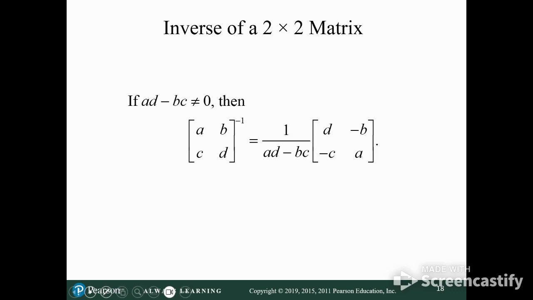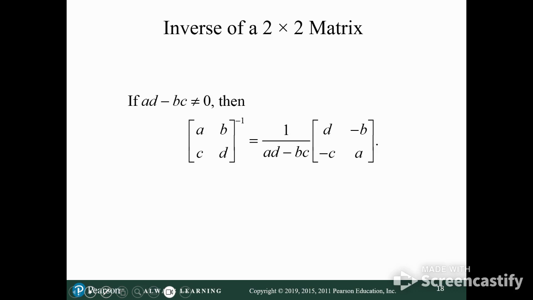To find the inverse of a matrix, you take 1 over A times D, these two times each other, minus B times C, these two times each other. And then flip these around, leave these two alone, but put negatives in front of them. And yes, that's a little bit complicated, but we have to know how to do the inverse so we can multiply them properly.